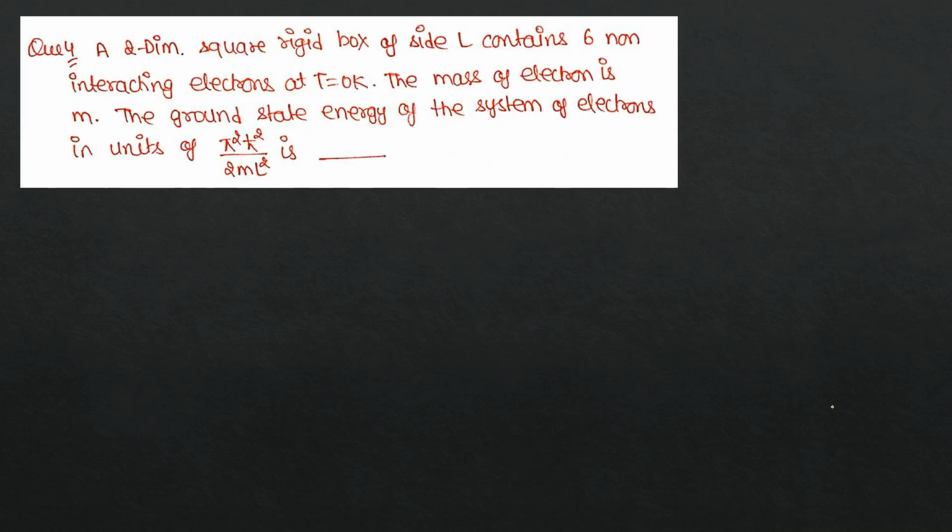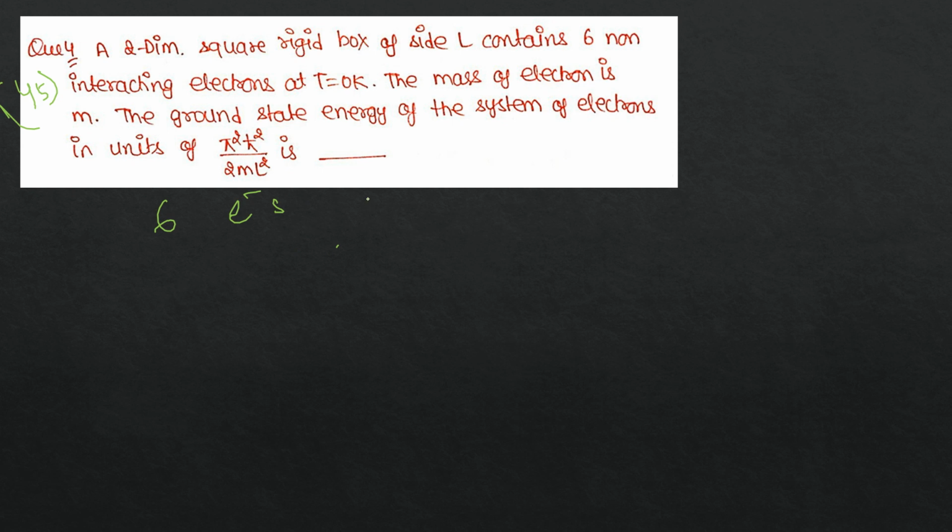Question number 45. A two-dimensional square rigid box of side L contains six non-interacting electrons. The mass of the electron is m.